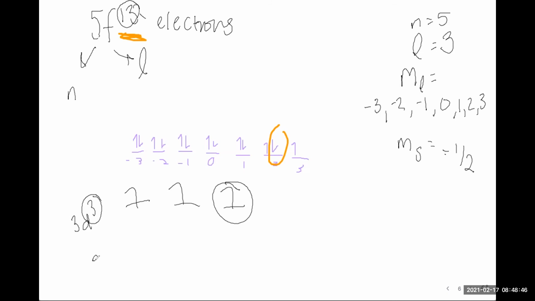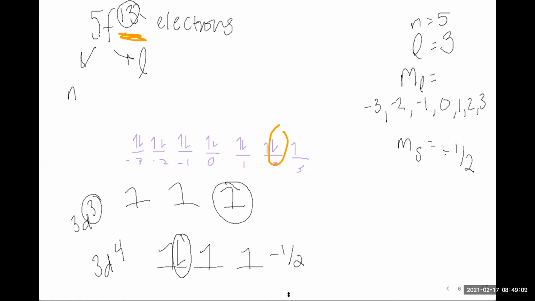So let's say you have 3d4. According to Hund's rule, remember we need to make sure we fill out each orbital first, and then we add the last one. And this last one just happened to be with a pair, and it happened to be downward. So this one would be negative 1/2.